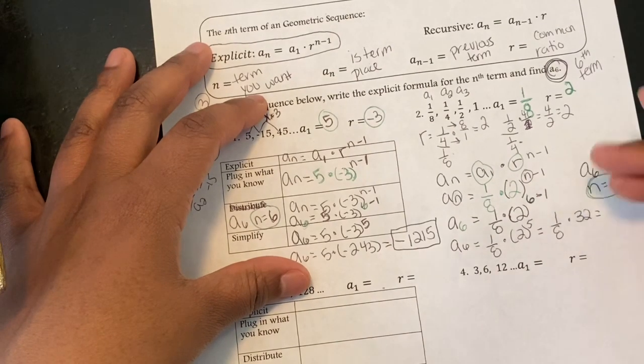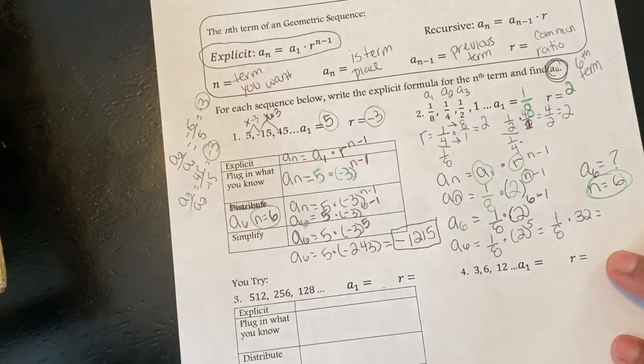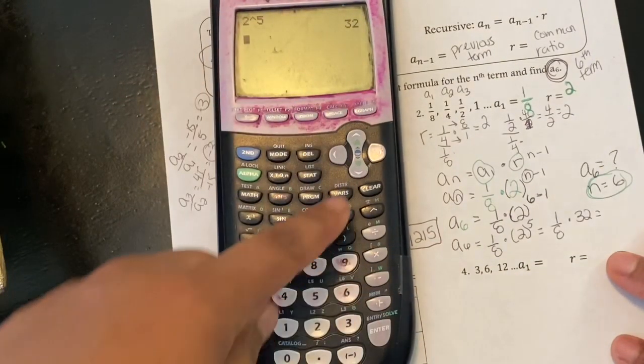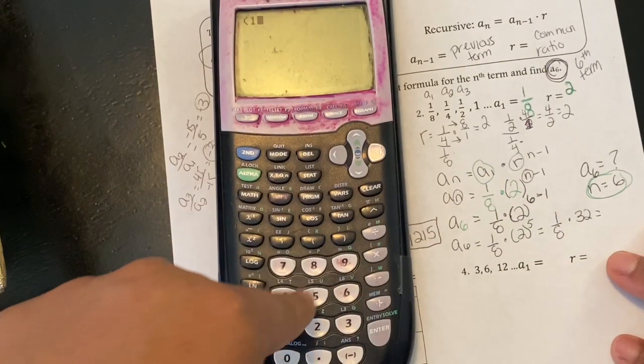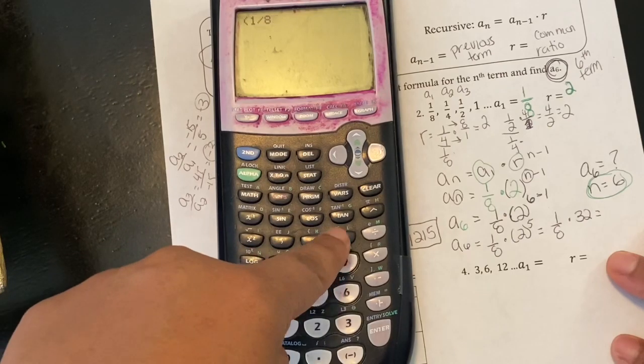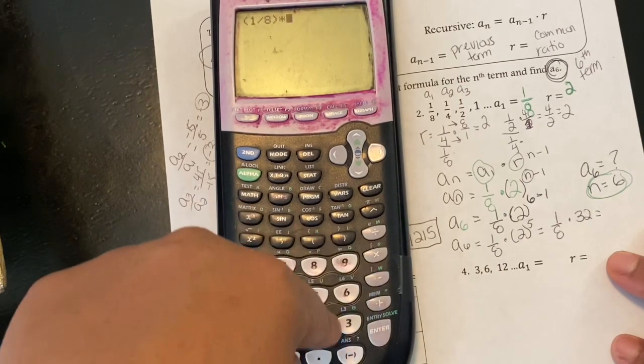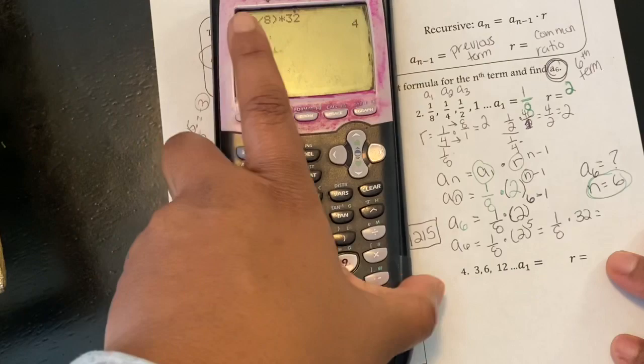Do 1/8 times 32. You can use your calculator. Always put fractions in parentheses. 1/8 times 32 equals 4.